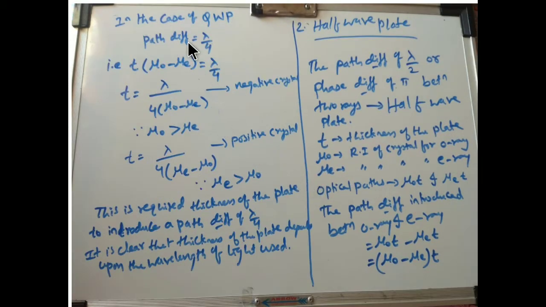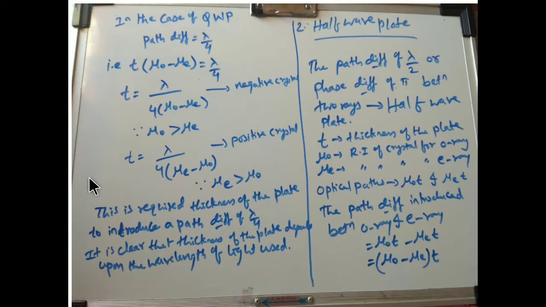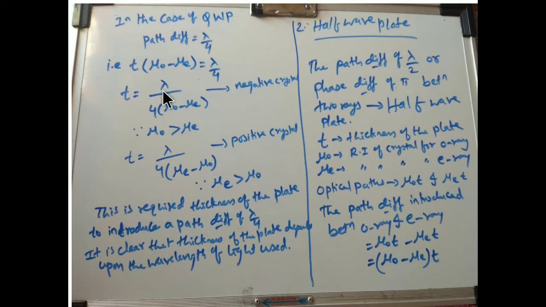In the case of the quarter wave plate, we know the path difference is lambda by 4. Here the path difference is mu naught minus mu e into T. Continuing, T into mu naught minus mu e is equal to lambda by 4.